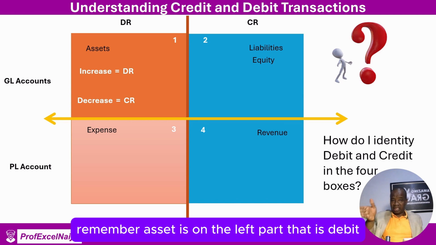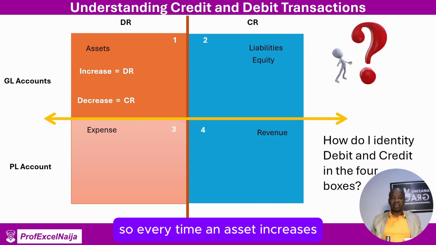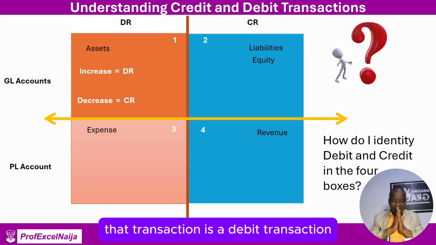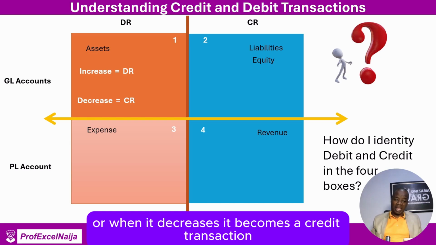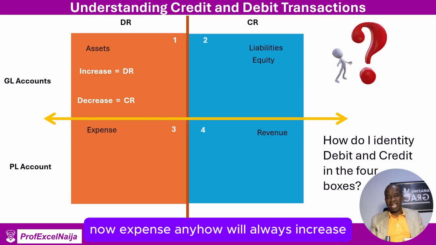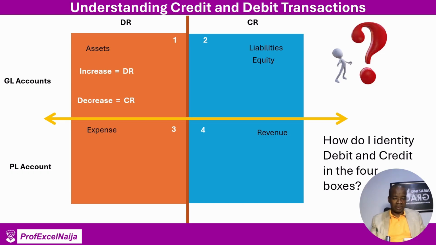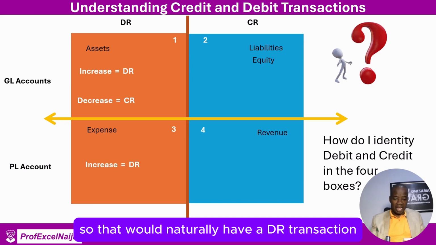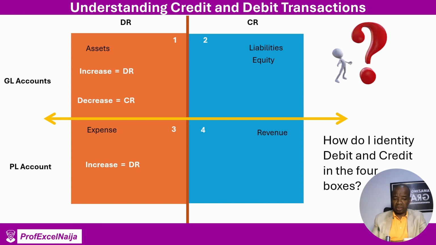Remember, asset is on the left part. That is debit. So every time an asset increases, that transaction is a debit transaction. But when it decreases, it becomes a credit transaction. Now let's look at expense in the third box. Now expense anyhow will always increase. So that will naturally have a DR transaction.